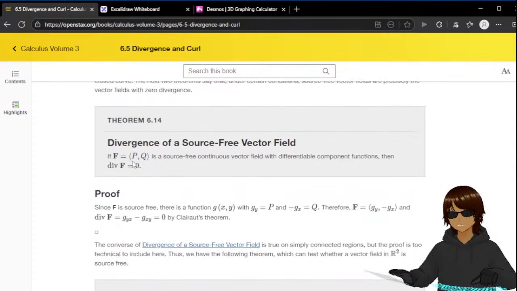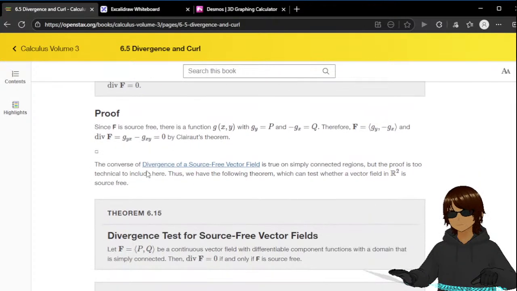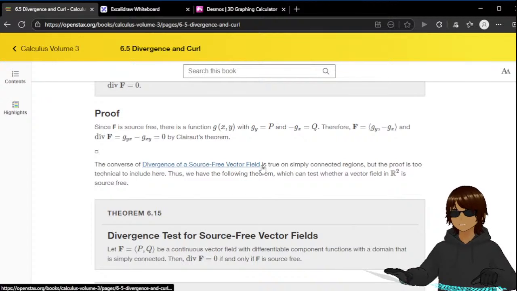If F = (P, Q) is a source-free continuous vector field with differentiable component functions, then the divergence is 0. The converse of this is true on simply connected regions, but the proof is too technical to include here.